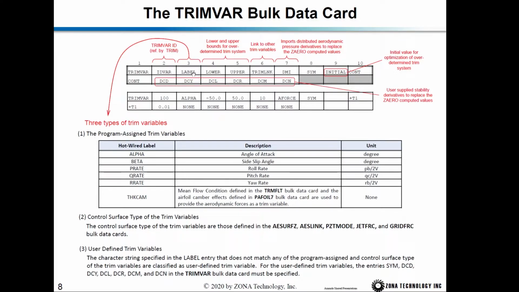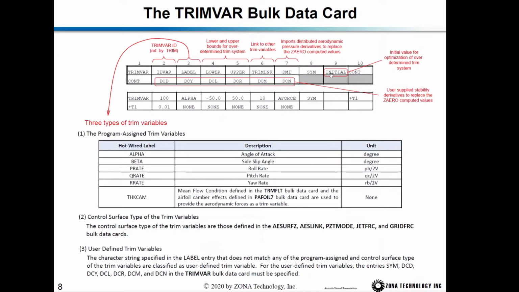If this label is alpha, then you map this CFD computed pressure derivative to the ZAERO panels. Then you can import that into the DMI, and this is for rigid pressure derivative. And then ZAERO internally will flexibilize those pressure derivatives.